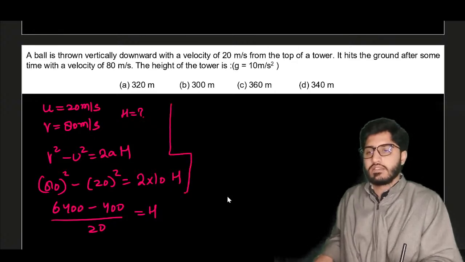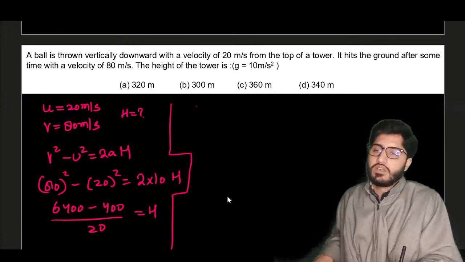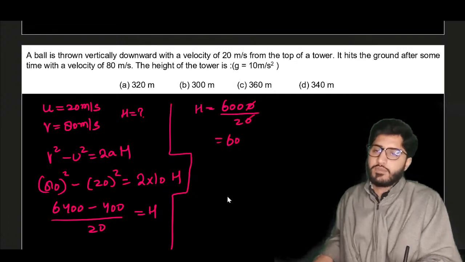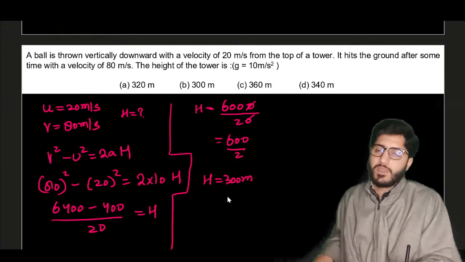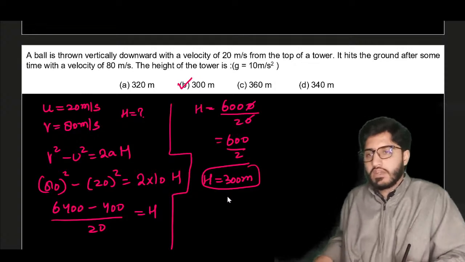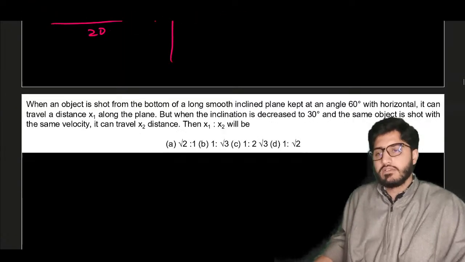So h came out to be 6000 divided by 20. That is 600 by 2, sorry, right? So I think h came out to be 300 meter. 300 meter. Done. Next numerical.